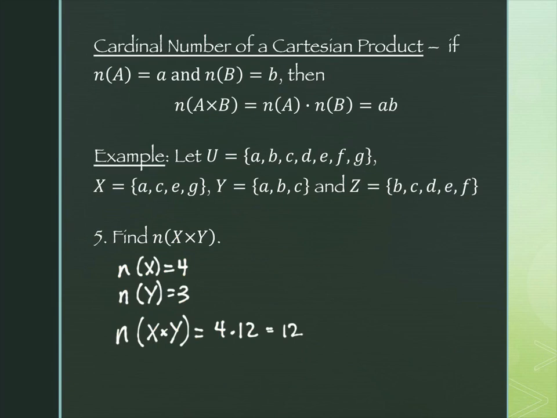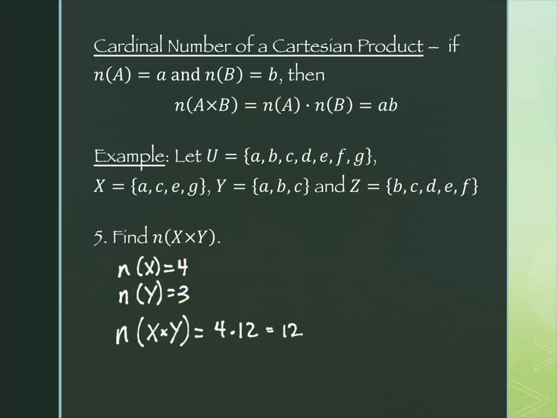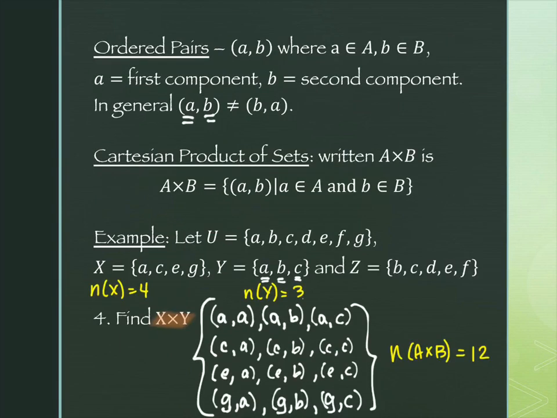So be careful inside of MyMathLab. They could ask you to find X cross Y. Or they could ask you to find N of X cross Y. Those are different questions. Over here, X cross Y means I have a list of ordered pairs.